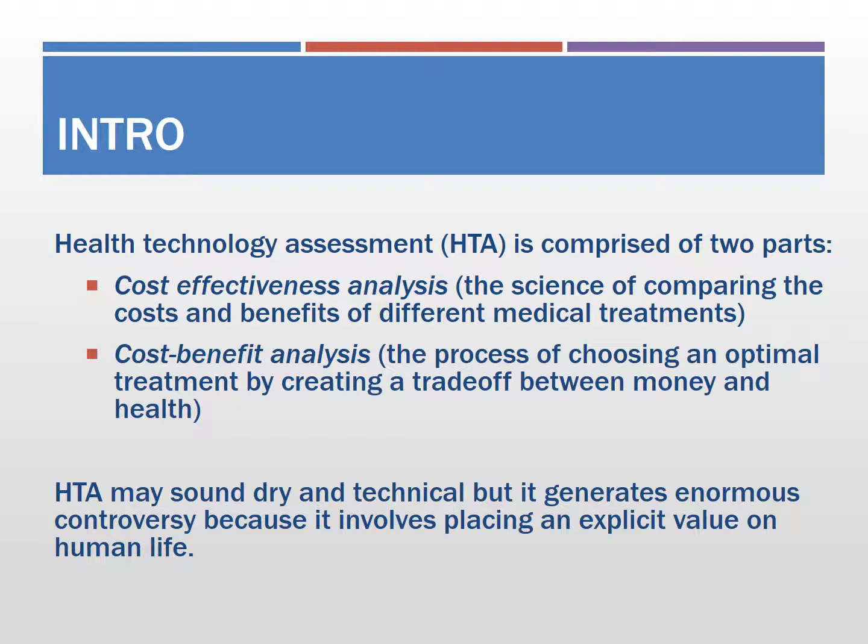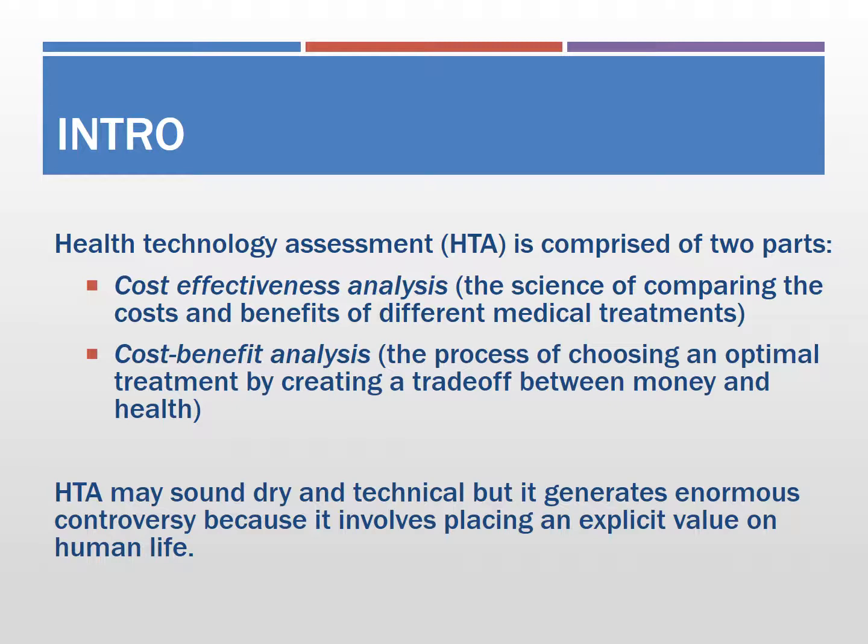In order to evaluate what types of treatments are worth covering, we are going to introduce a method called Health Technology Assessment, HTA, which is commonly used nowadays by both private insurers and public insurers. Under the Health Technology Assessment, there are two parts we are going to learn in this chapter.